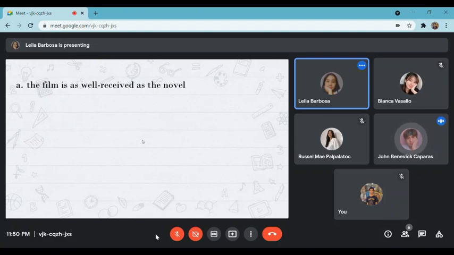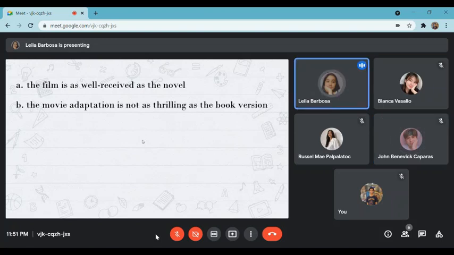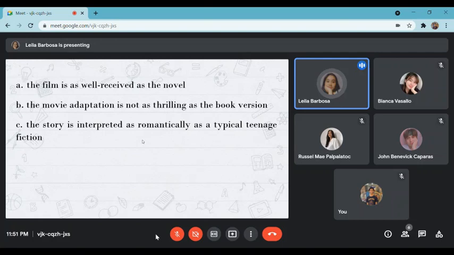I think that the movie adaptation is not as thrilling as the book version. Okay, that's correct. Next. Yes, Bianca. Another comparison is: the story is interpreted as romantically as a typical teenage fiction. Okay, so the third is the story is interpreted as romantically as a typical teenage fiction.